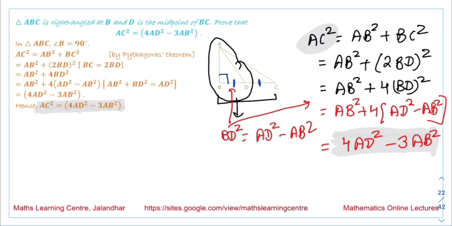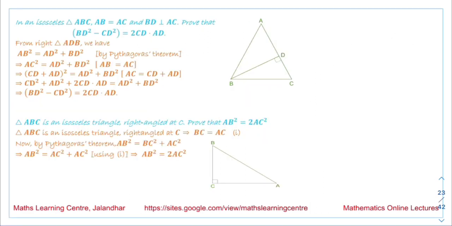Now the next question we have is, in an isosceles triangle ABC where AB is equal to AC and BD is perpendicular to AC, prove that BD square minus CD square equals 2 times CD into AD. So from the triangle ABD, we have this angle over here, this is 90 degrees.